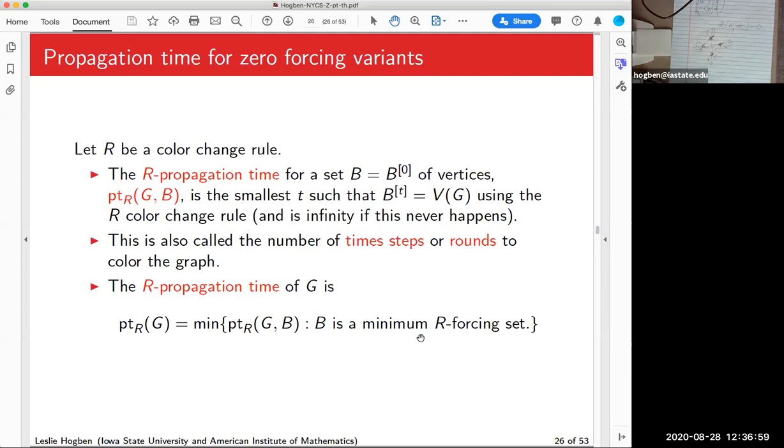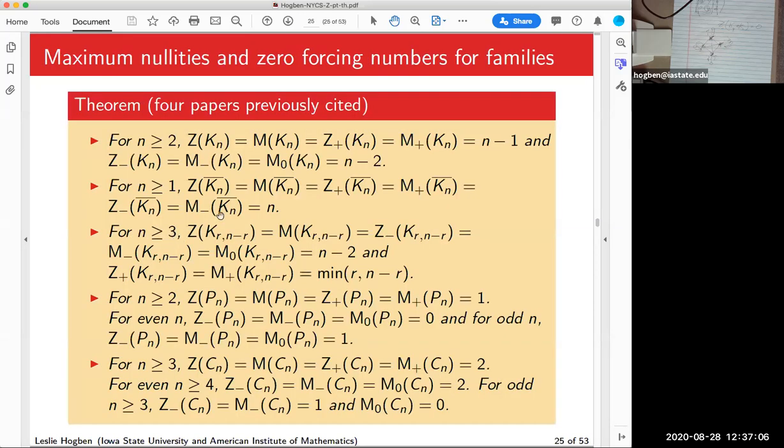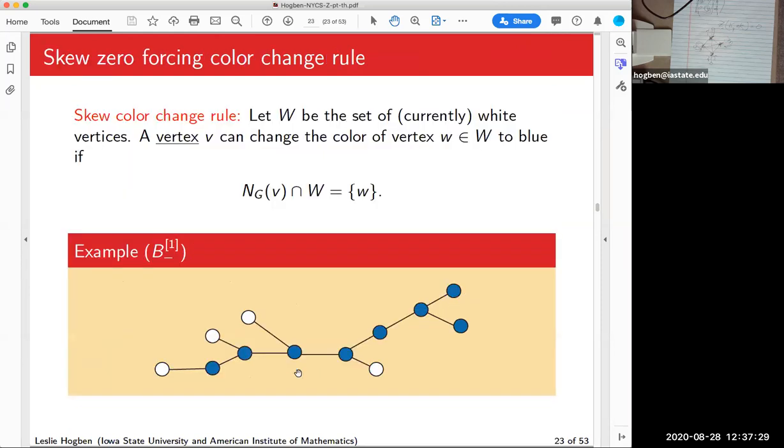So this actually has the downside that while these numbers, so I should have mentioned going back to these different kinds of forcing, it doesn't show up so much here, but you will see sometimes that the skew or the PSD is lower than the standard. So sometimes we have agreement, but certainly in the trees that we saw, if we go back to those trees, the zero forcing number on skew was 2.